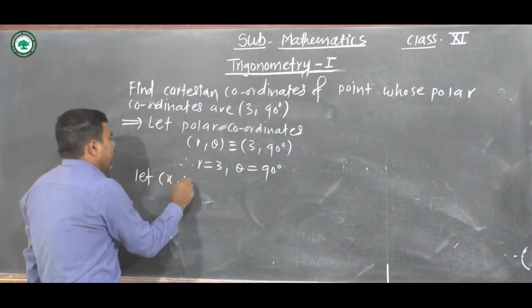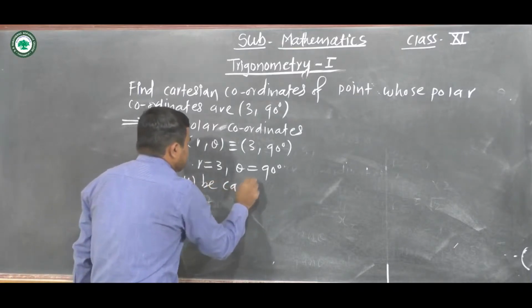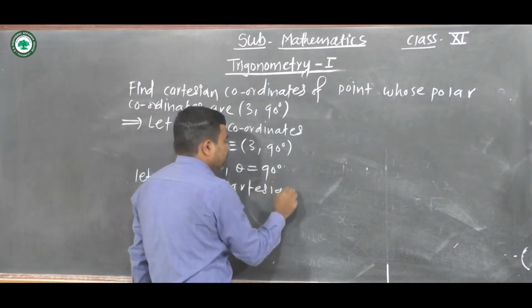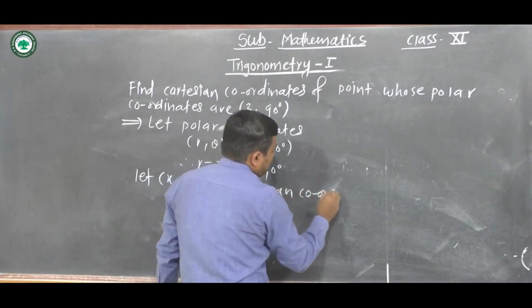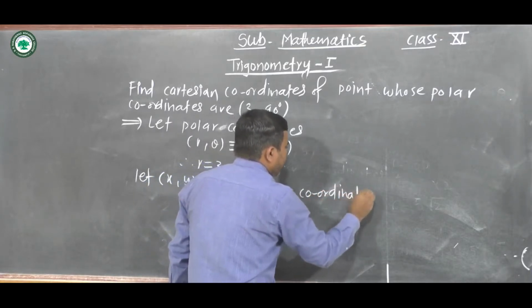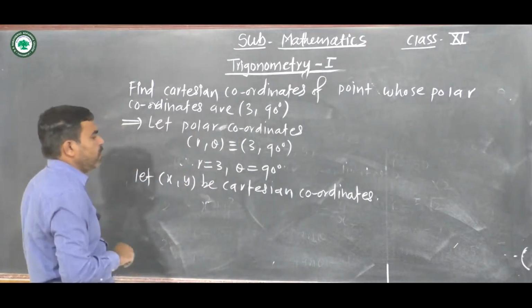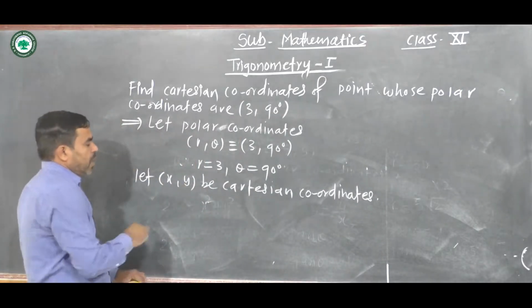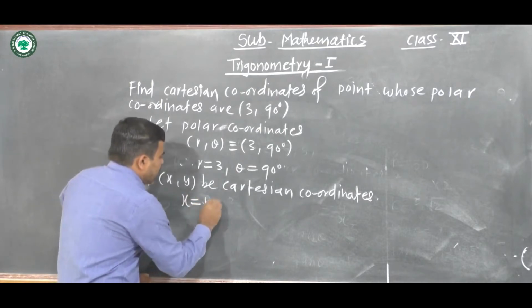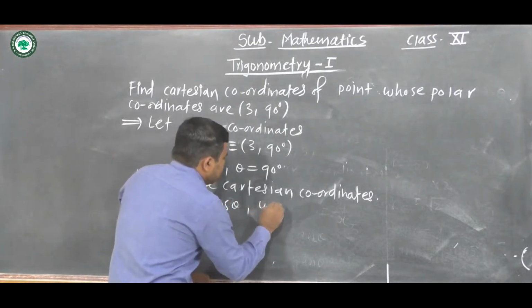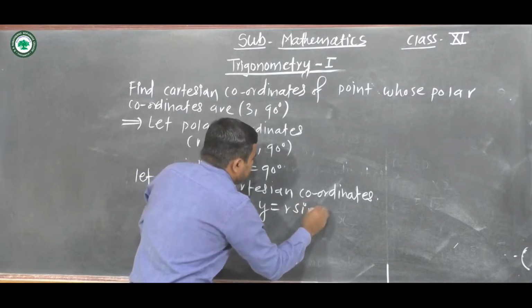Let x comma y be Cartesian coordinates. So we have the relation between Cartesian coordinates and polar coordinates. x is equal to r cos theta and y is equal to r sin theta.